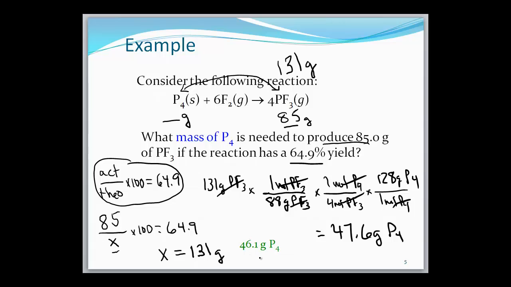That's simply a difference in sig figs. I can go back and check the math, but you see that's close enough for our purposes. Okay, so anyway, again, you were given the percent yield and the actual, so we calculated the theoretical and then used that to calculate backwards what amount of P4 would have produced that theoretical value.